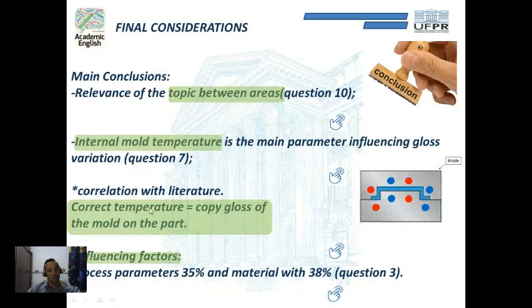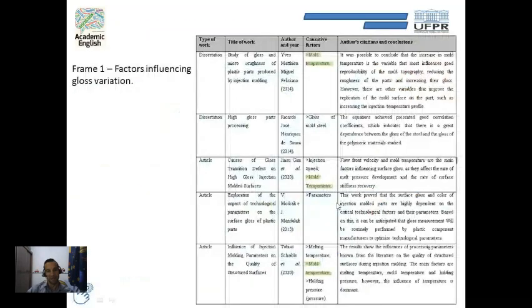Okay, correlation with the literature. Again, we can see the frame and the research on the causative factor: of 5 research works, 3 say mold temperature is the main causative factor.